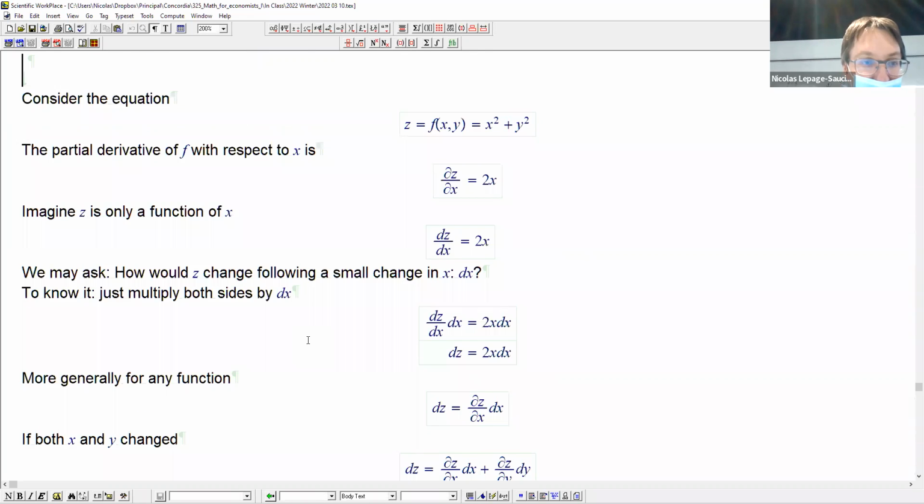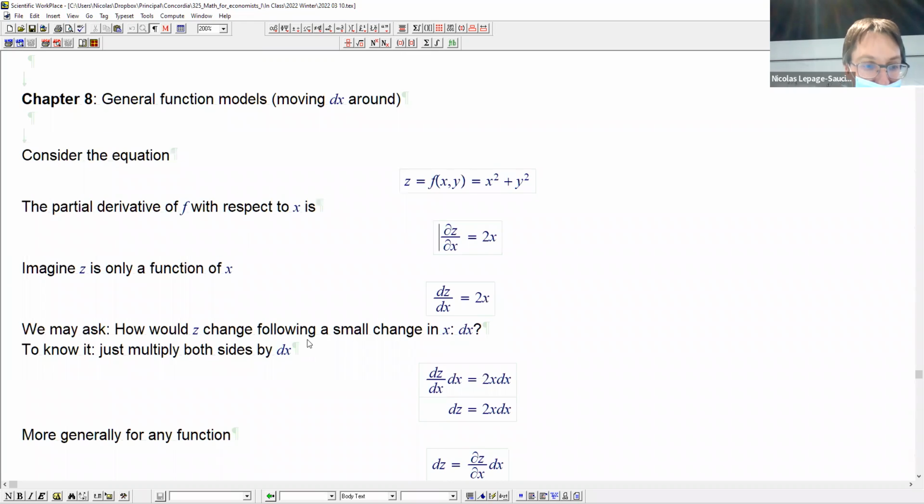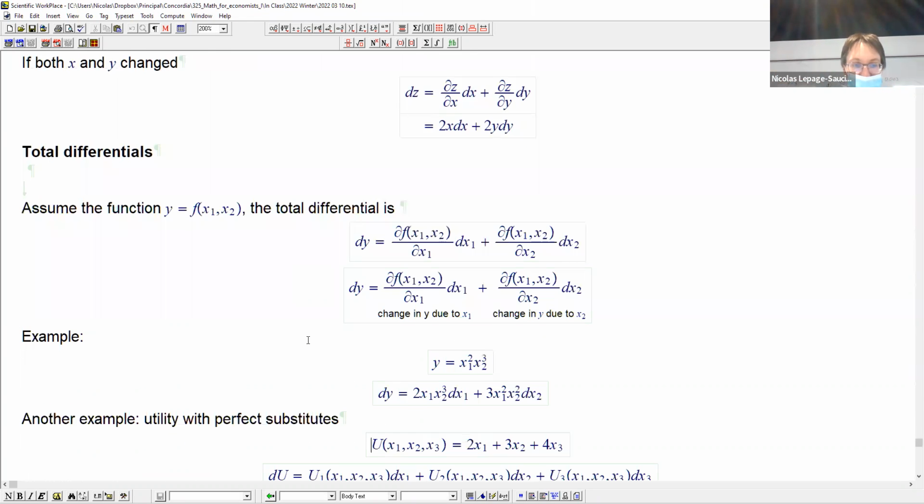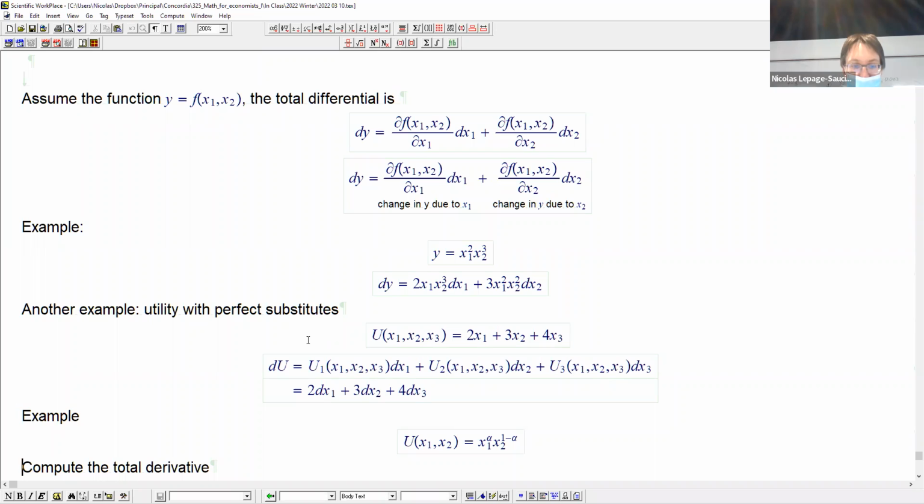By the way, I know the total differential. But in the notes for some reason they change.